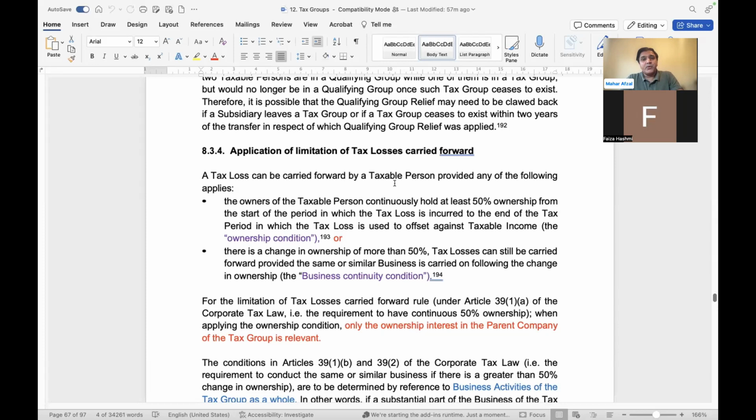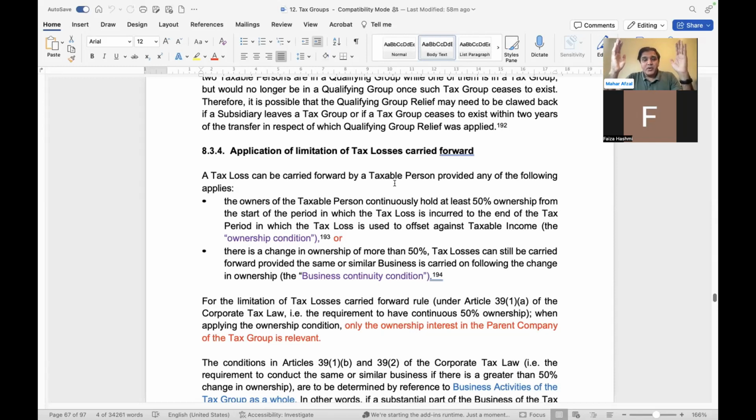What is continuity of ownership? The law says that between the date these losses were incurred and the date when these losses were settled, there should not be any change in the ownership of the business of more than 50%. This is continuity of ownership. Basically, the same persons are continuing the business. Maximum change of ownership can be 50%, not more than 50%.